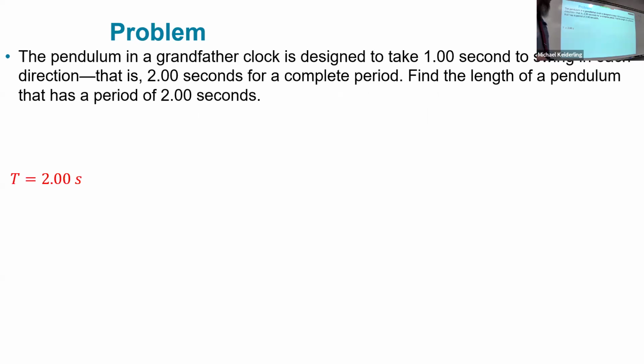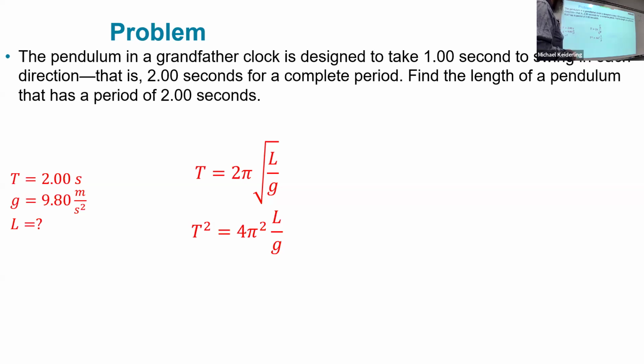So we know our period is 2 seconds. We know g is 9.8 meters per second squared. The length is what we want to find. So we know period equals 2 pi square root of length over g. So period squared equals 4 pi squared length over g.